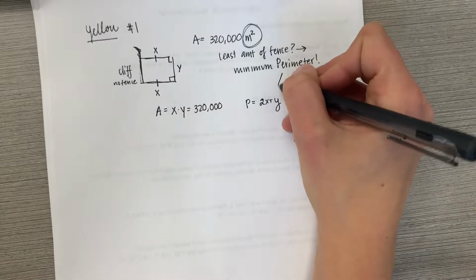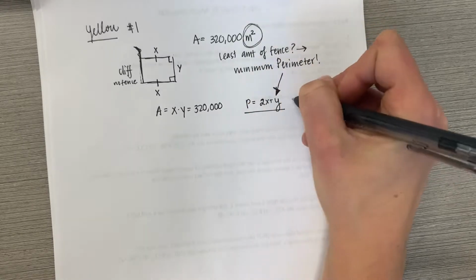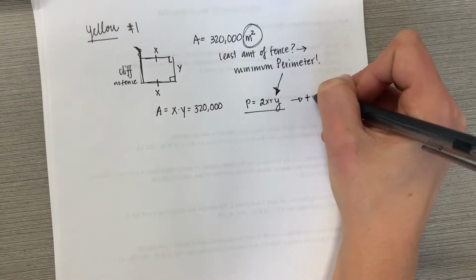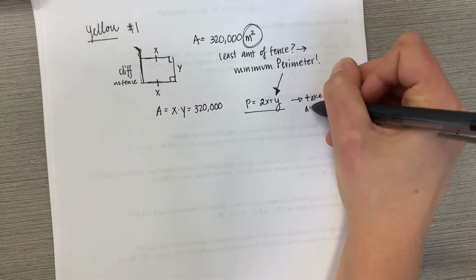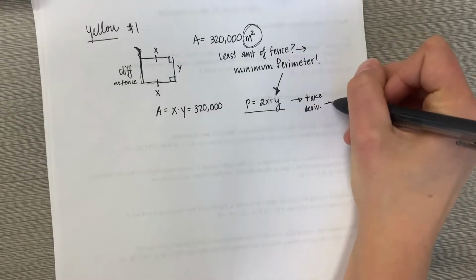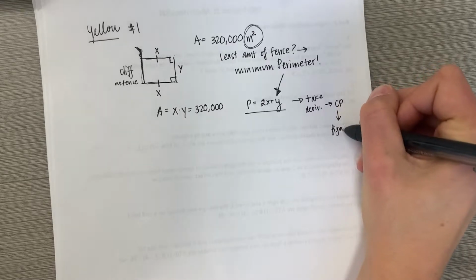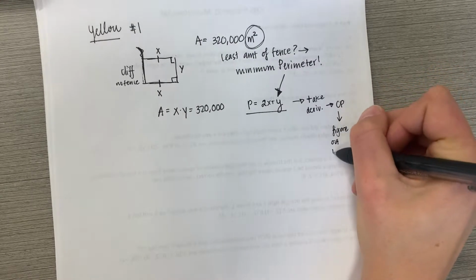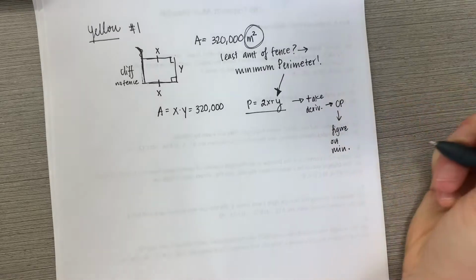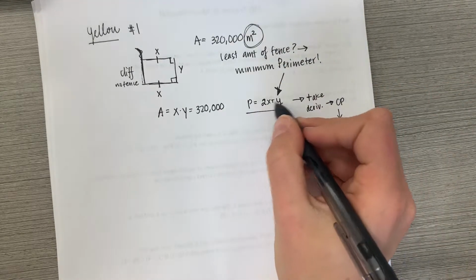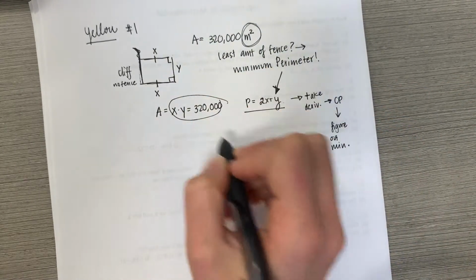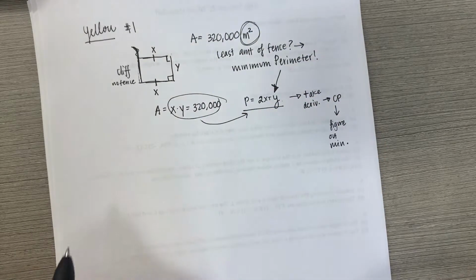We want to minimize perimeter, so we want to eventually take the derivative, find the critical points, figure out which one is a minimum. But since we have both x and y here, we need to use this to get it all in terms of 1.